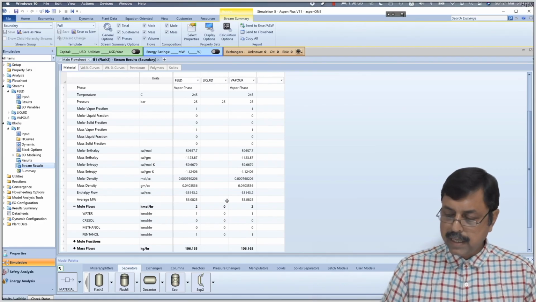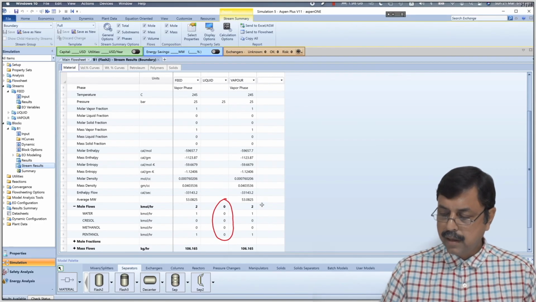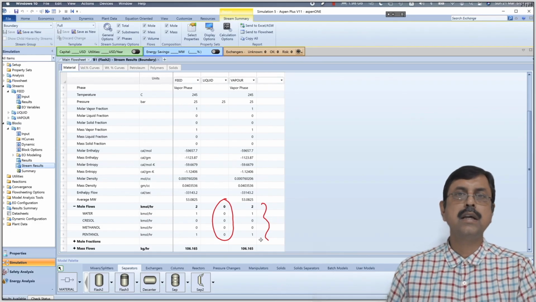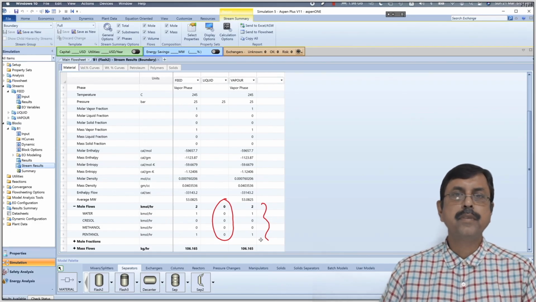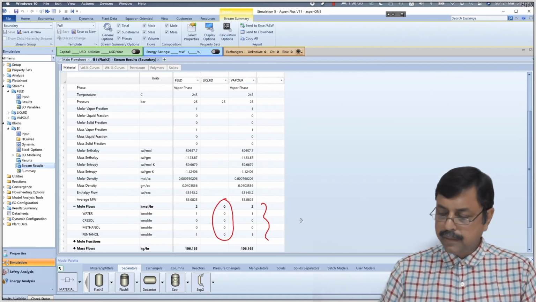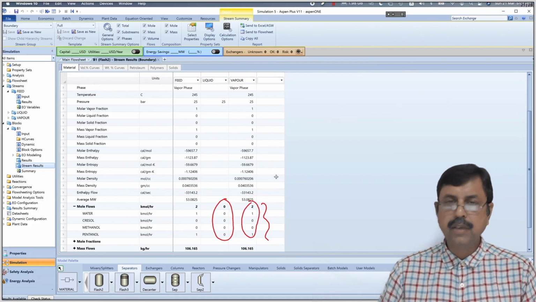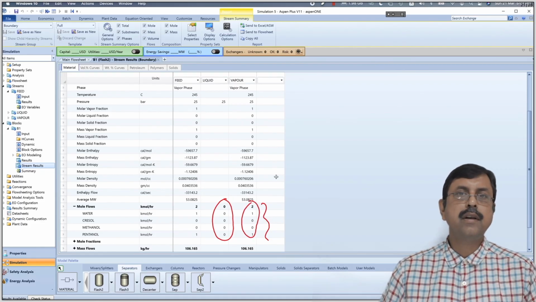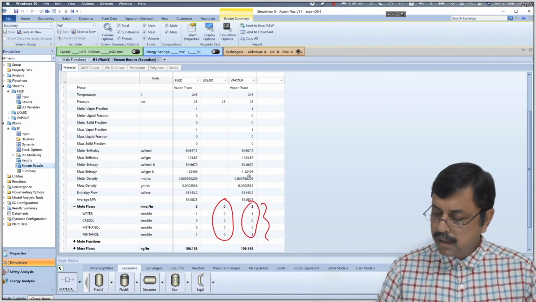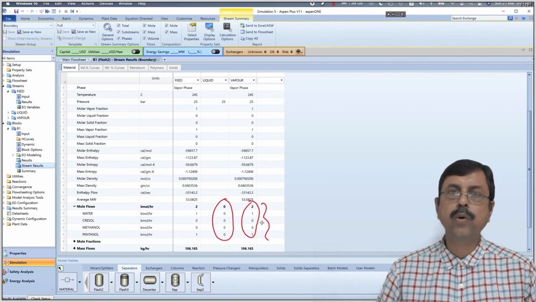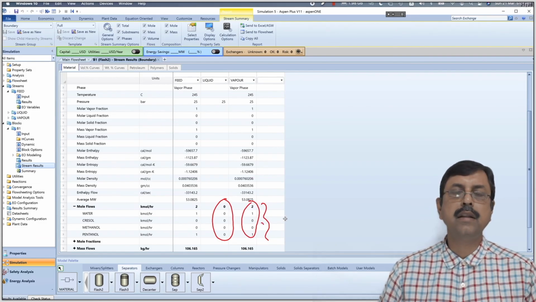Here we don't find anything in the liquid phase. Everything has gone to the vapor phase. Okay. So this is an interesting result, that if we chuck out cresol and methanol, then at the same operating condition, everything will go into the vapor phase. Nothing will remain in the liquid phase.